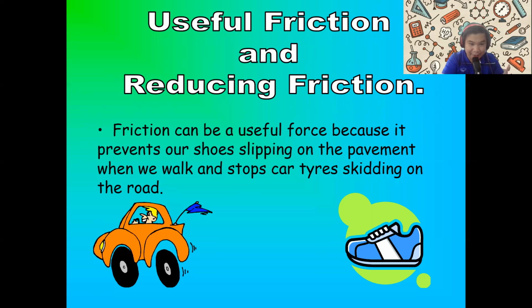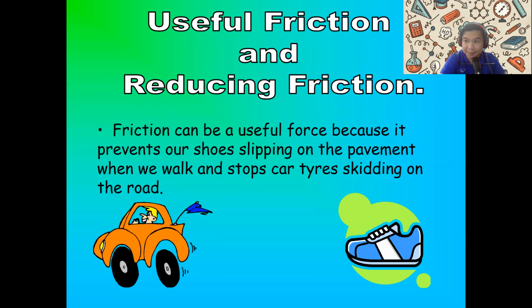However, because there is friction, when you put on the brakes, the car will stop in a matter of seconds. It will not move up to 1 kilometer. It will just move for a few meters before it stops. That is useful friction.